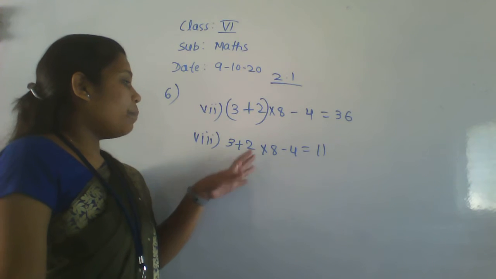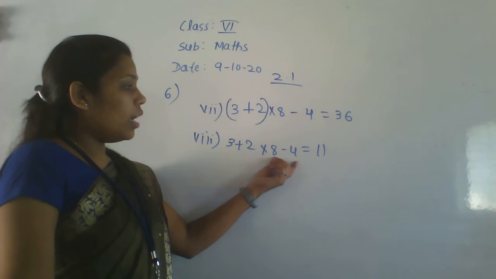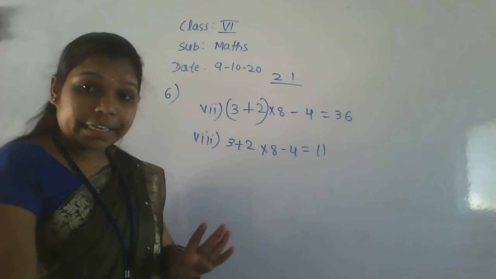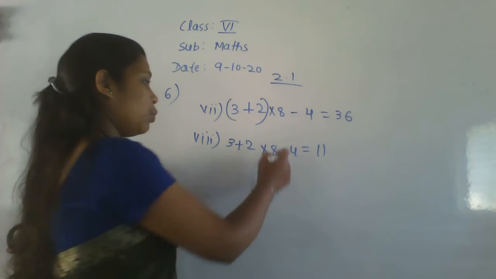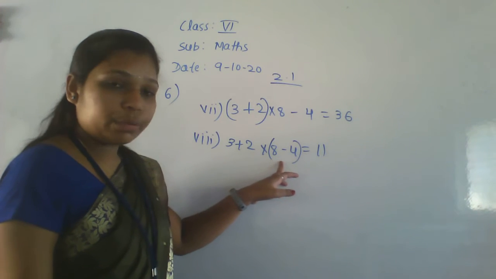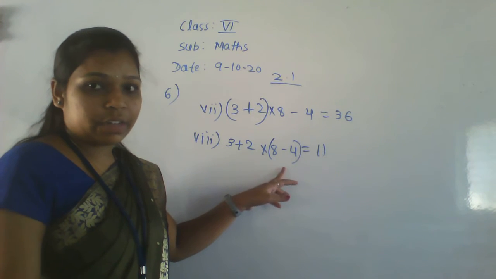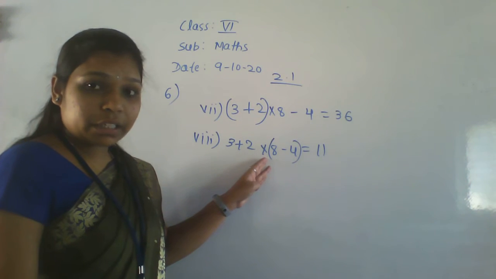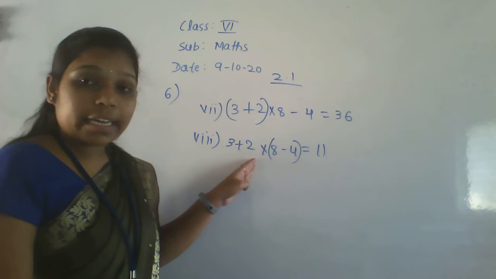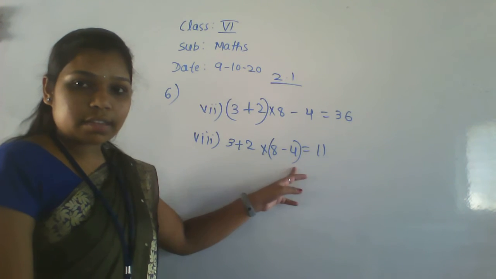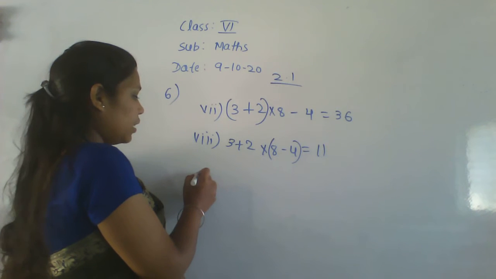So it is wrong. Next, 8 minus 4 is 4. 4 twos are 8. 8 plus 3, 11. So put a bracket for these two. First we have to do this bracket. Solving the bracket, we get 4. After that multiplication, right? So 4 into 2 is 8. 8 plus 3, 11. Got the answer? Same answer? Okay. So next, 9th one.